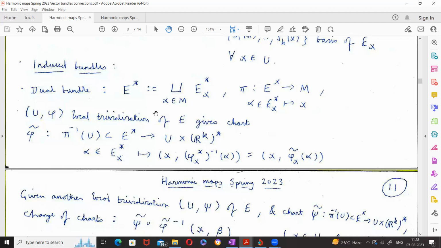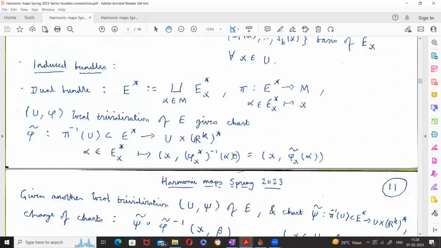And if we have a local trivialization of E, then this gives a chart phi tilde on pi inverse of U inside E star. So this maps to U cross (R^k) star, where I take a dual element alpha in E_x star, and I map it to x comma (phi_x star) inverse of alpha.